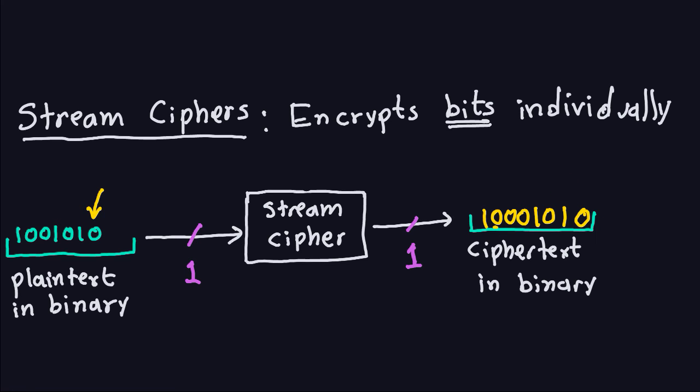If this is the process, then imagine there's nothing here anymore, and all the bits already went through the stream cipher. That's basically what the stream cipher is, in very general terms: a process bit by bit. You take the plaintext in binary, read it, if you wish, from right to left, feed it into the stream cipher, and it streams out the ciphertext. That's basically the idea of the stream cipher.